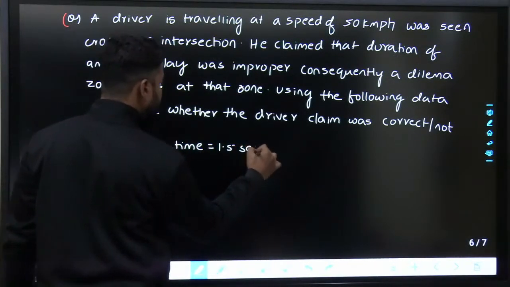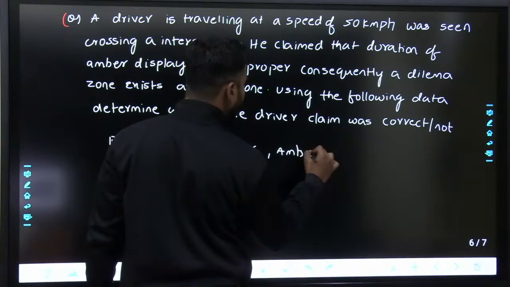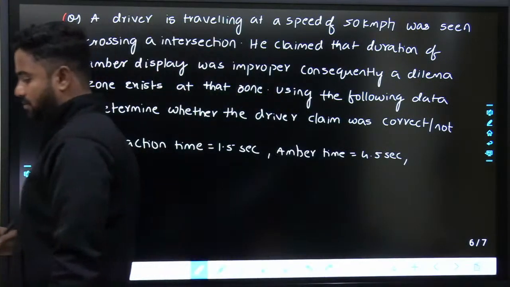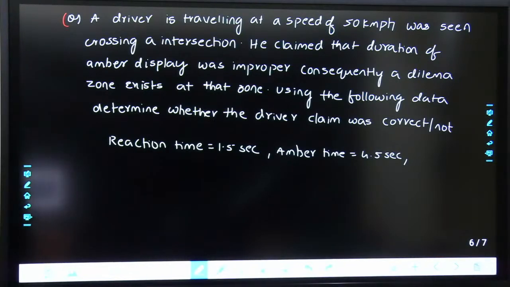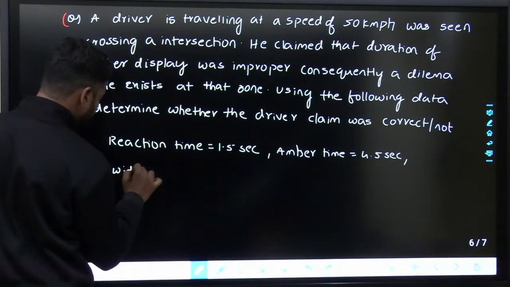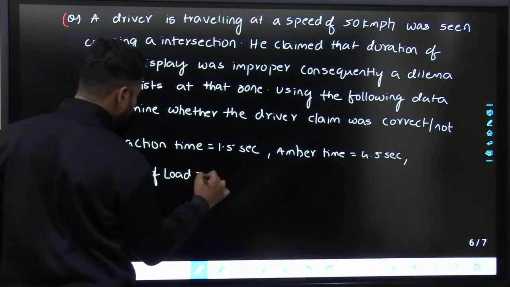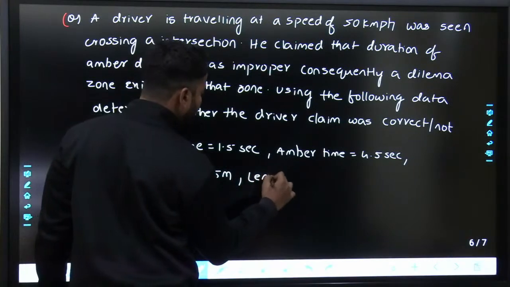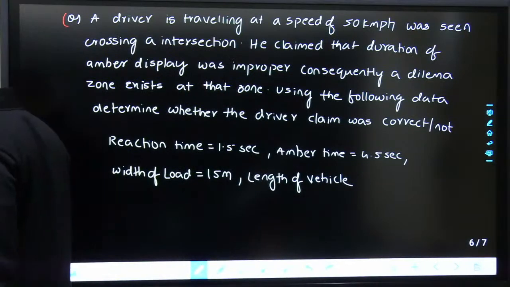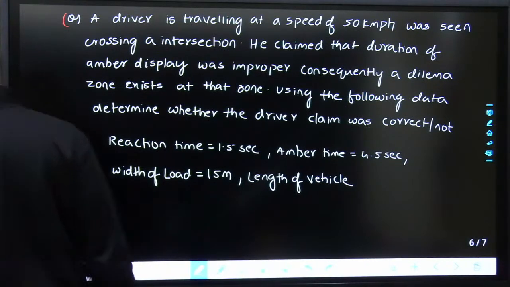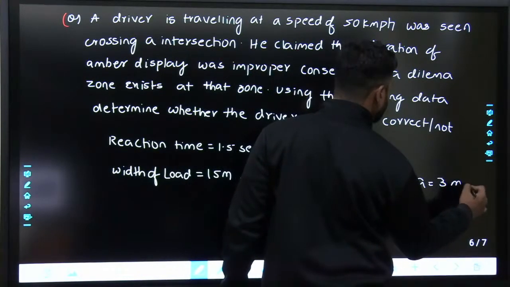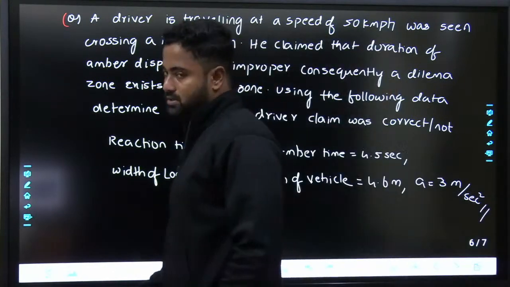Width of road 15 meters, length of vehicle 4.6 meters, acceleration 3 meters per second square. Please try to solve this question.